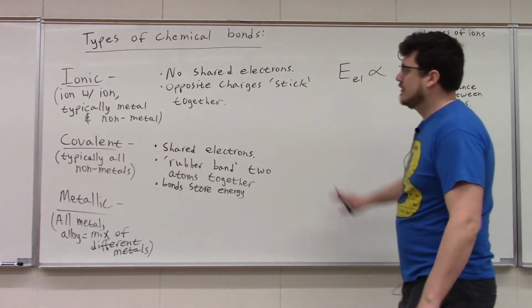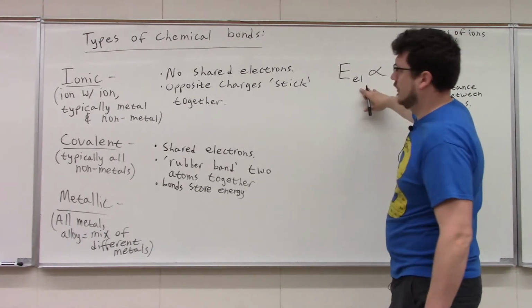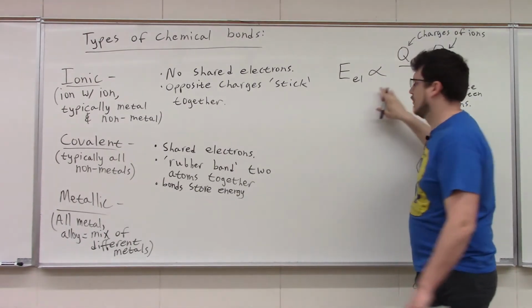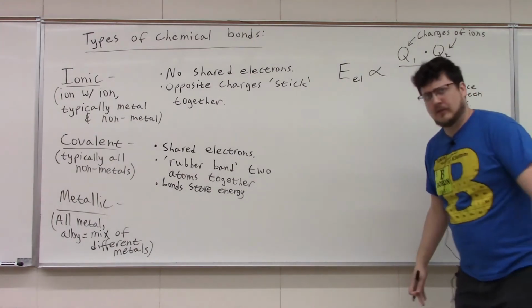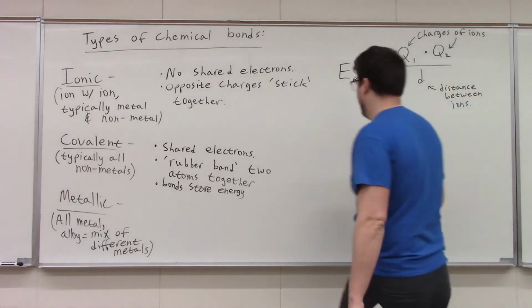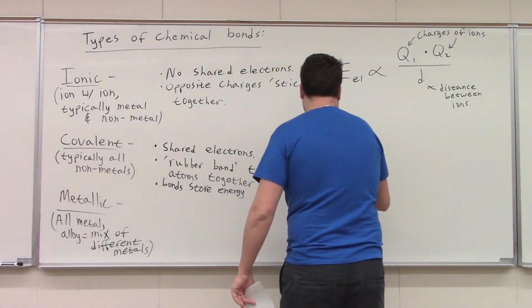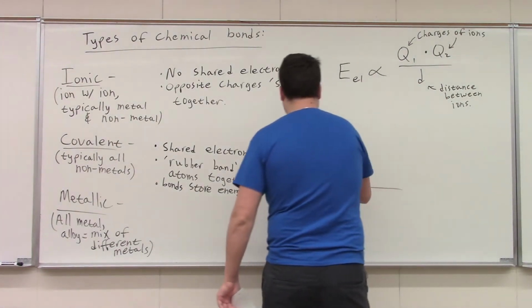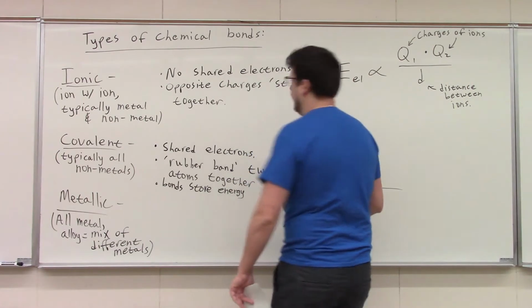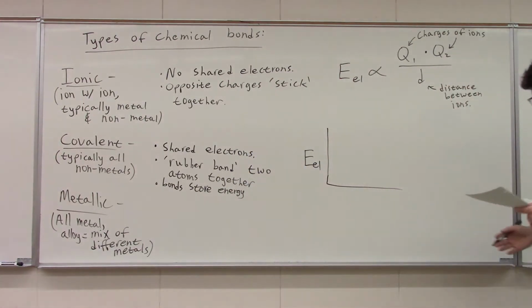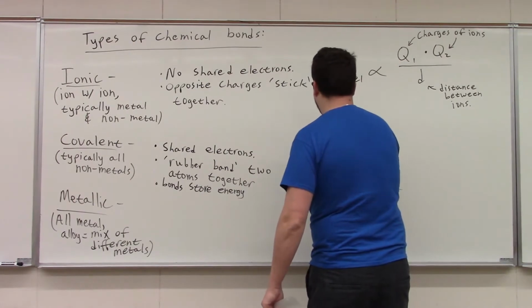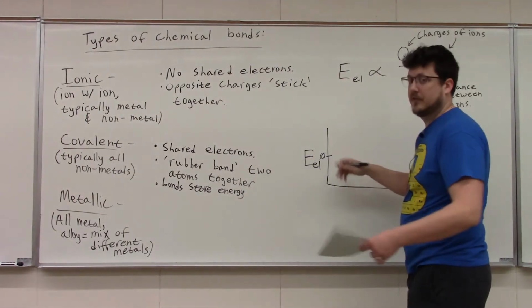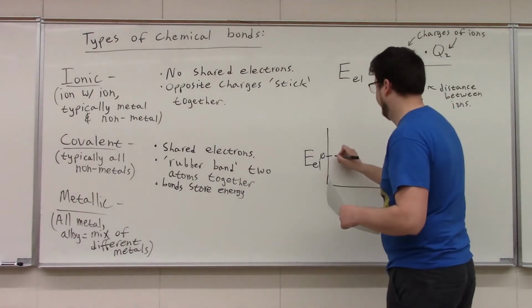All right, so if this is our electric potential for an ionic compound, a nice little proportional formula, I'm going to draw a graph, a picture for covalent. We've got our electric potential, the attraction between the two atoms, and this is zero. So zero potential means zero attraction.